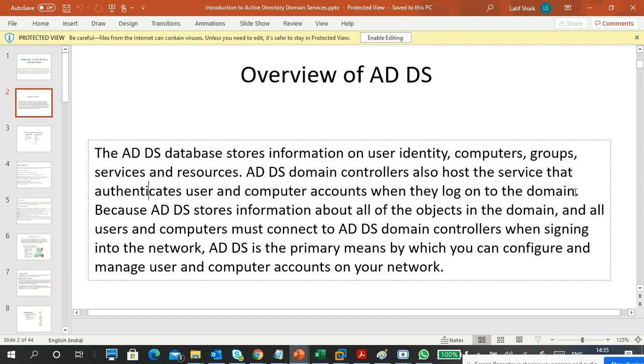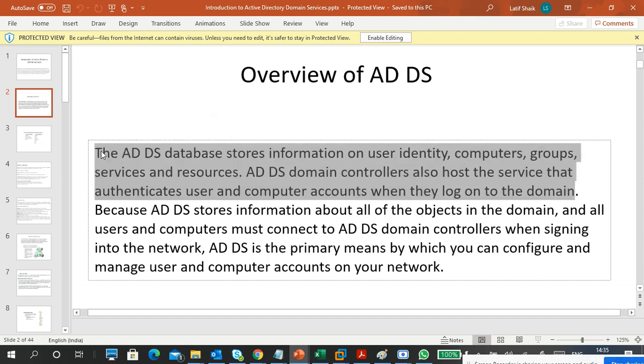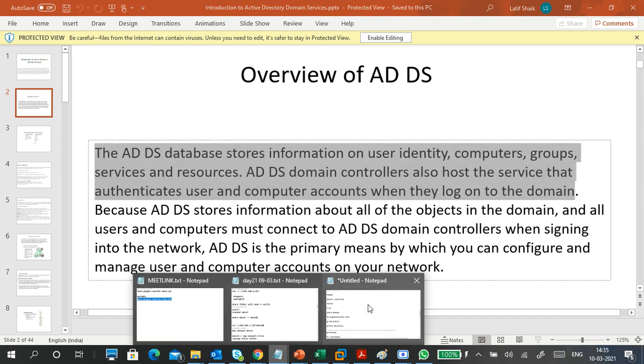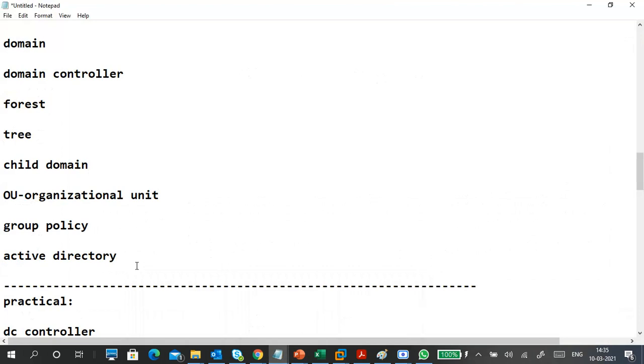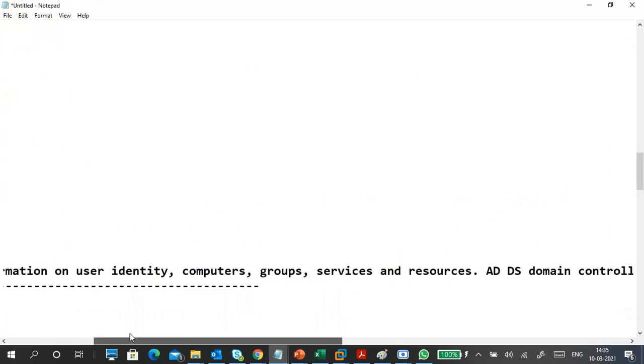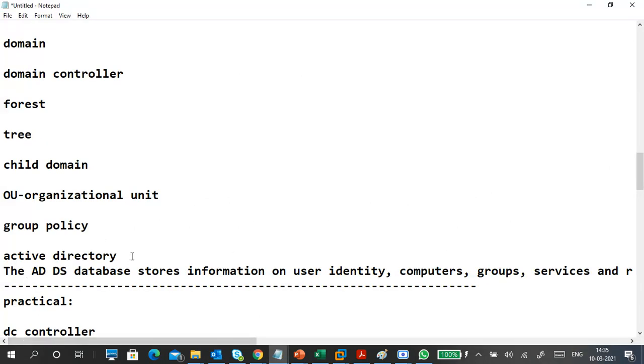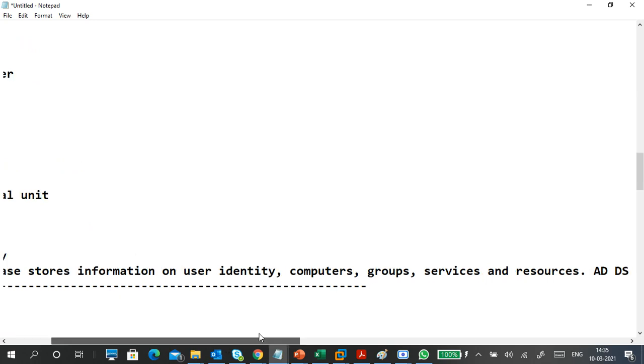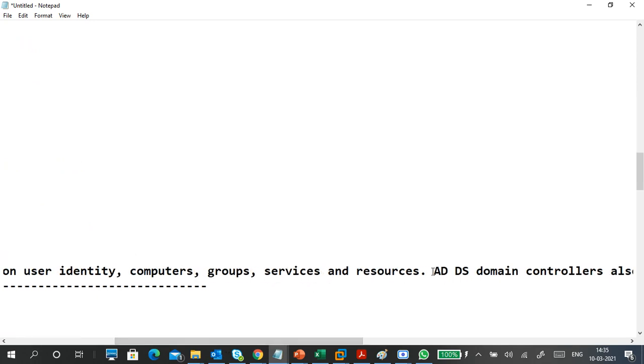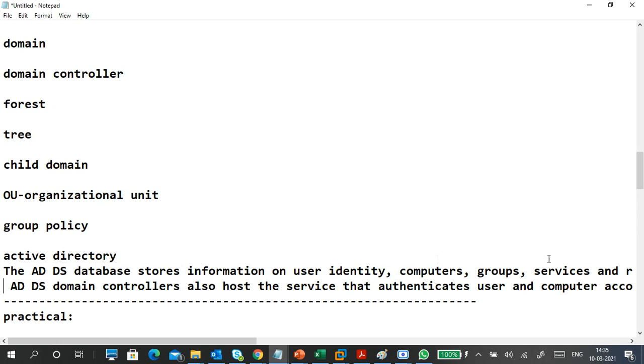Okay, one second. I want these two lines, so that's why I'm copying them into a notepad for the Active Directory part. What is Active Directory? Active Directory is a directory which provides a service to store the database of users, computers, groups, services, and other resources. So these are the important things.